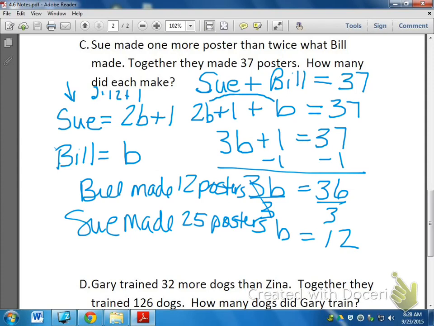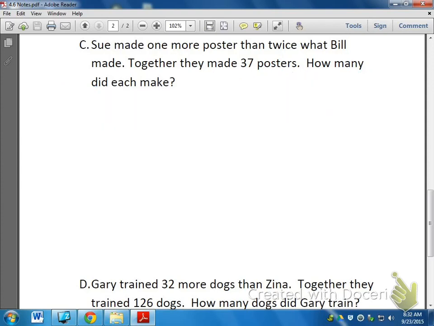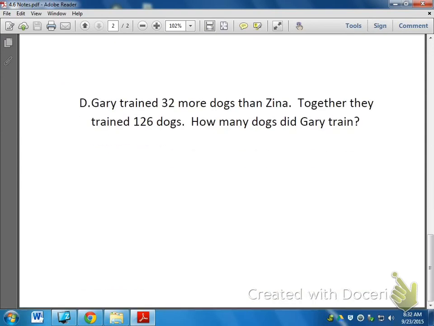All right, so we're going to do one more story problem, and this one talks about Gary and Zena. Gary trained 32 more dogs than Zena. Together, they trained 126 dogs. How many dogs did Gary train?